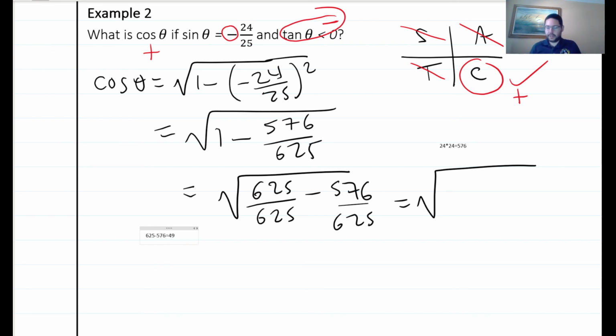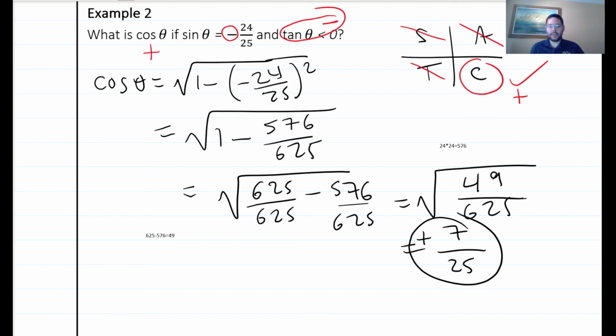We got 49, so we have 49 over 625. The square root of 49 is 7, and the square root of 625 is 25. It's going to be positive, so that's my cosine: 7 over 25. That's how you solve problems involving Pythagorean identities to find cosine or sine.